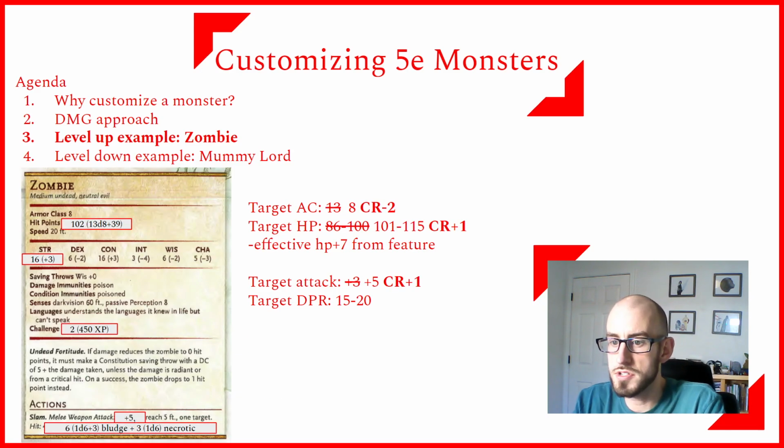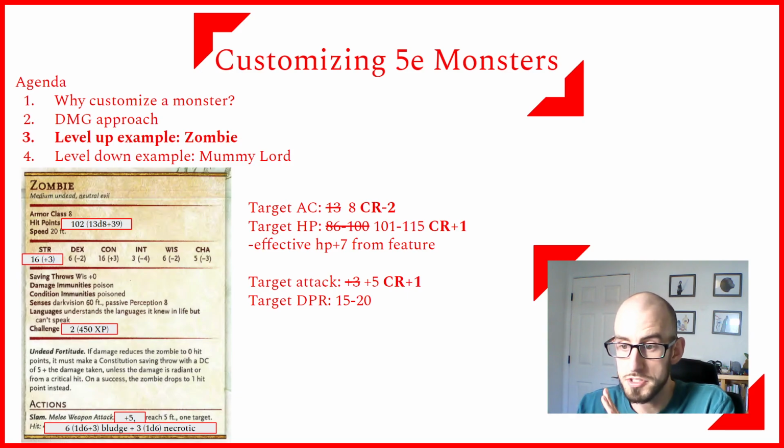So, the first thing that we are going to do, I'm going to bump our target hit points into the 101 to 115 range. Specifically, we're going to go 102, as you can see there, 13d8 plus 39, and that's going to be a total of 109 hit points with that effective +7 from our Undead Fortitude feature.